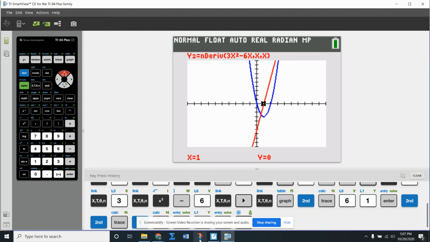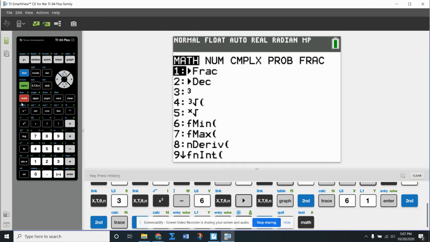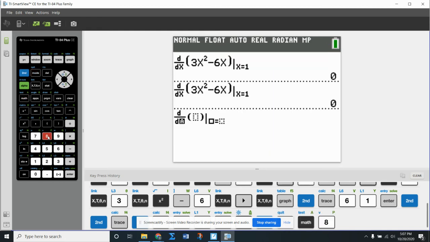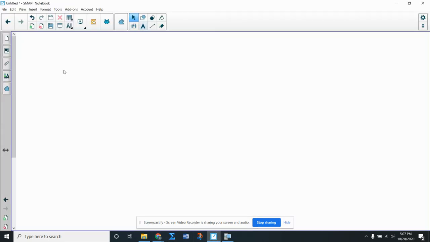Now the reason I have this here as well is when I went to the home screen and I went into math and then I went down to option 8, which is the nth derivative. Certain calculators, if they're old, won't give you that nice little wizard.